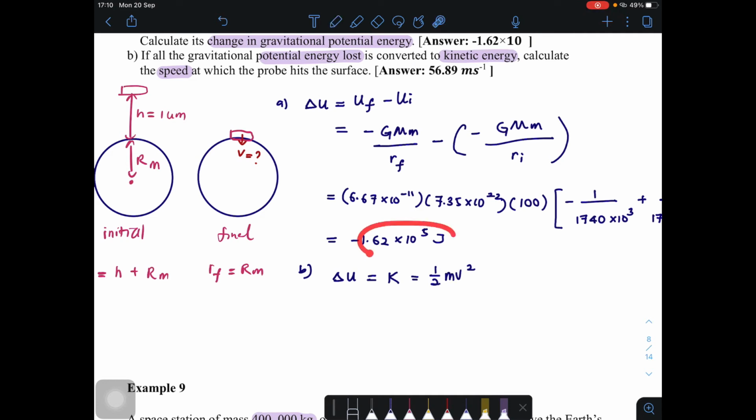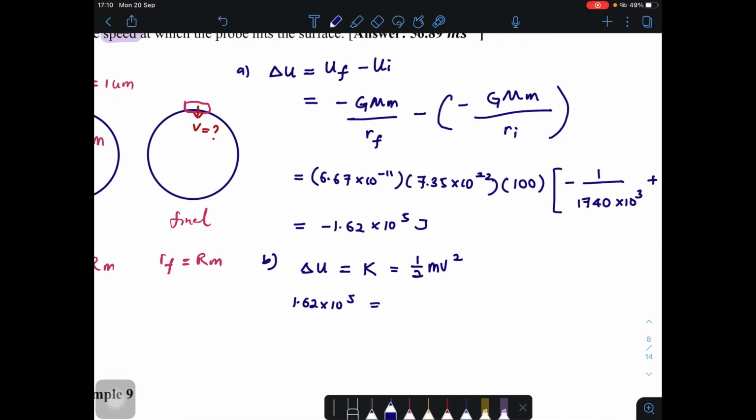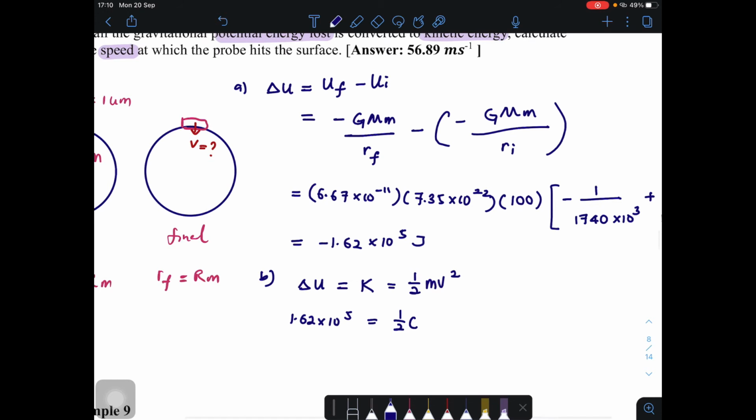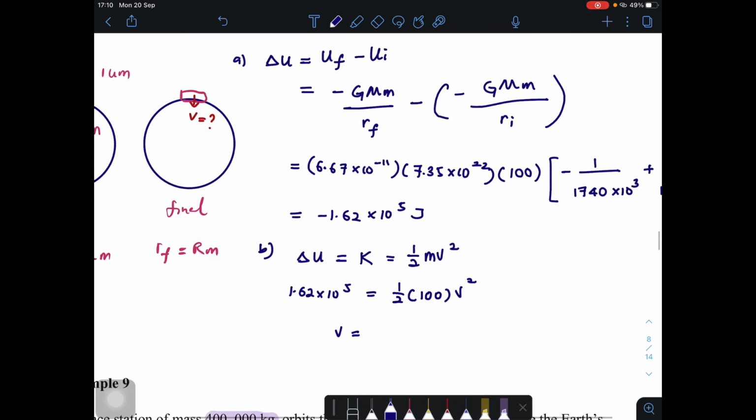So this one you just masukkan to here, 1.62 × 10^5. You don't need to include the negative because energy is scalar quantity, not vector quantity. So masukkan 1/2 mass. Mass of what? Mass of the probe, because they minta speed of the probe. So mass of the probe is 100, and then v squared, and then you will get the speed is equal to 56.92 meter per second.